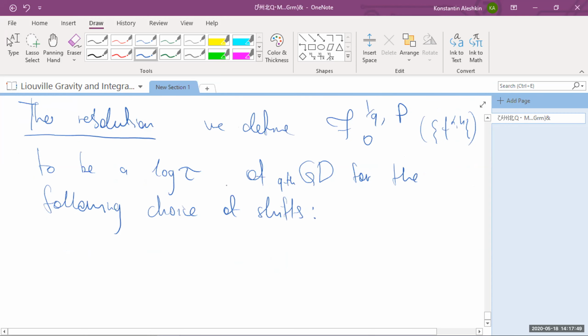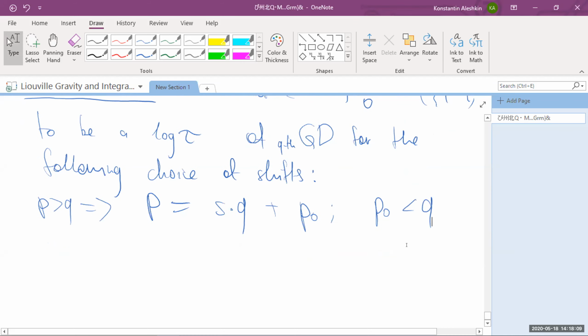Let us divide P by Q. If P is greater than Q, P is some number S times Q plus the remainder. Then we choose the following shifts.